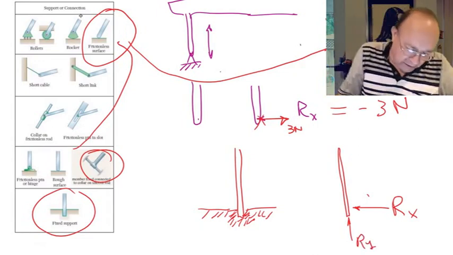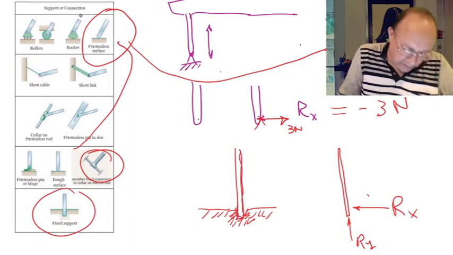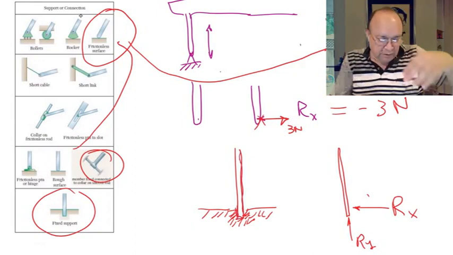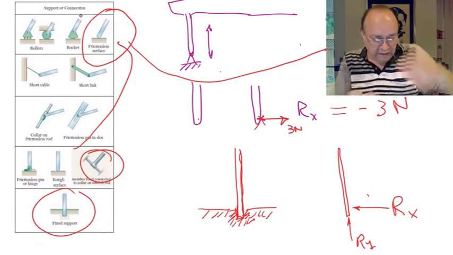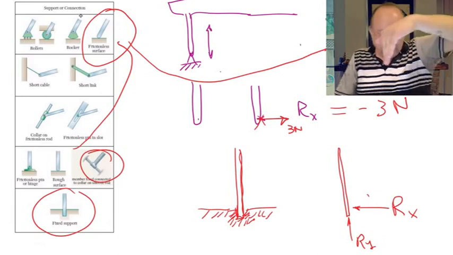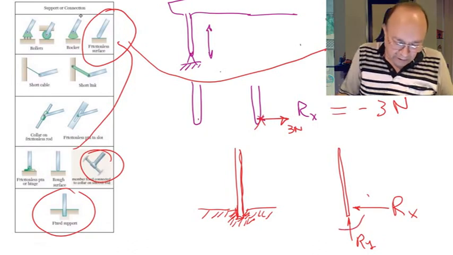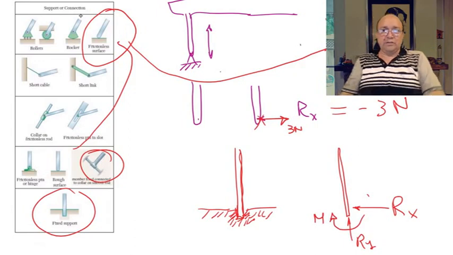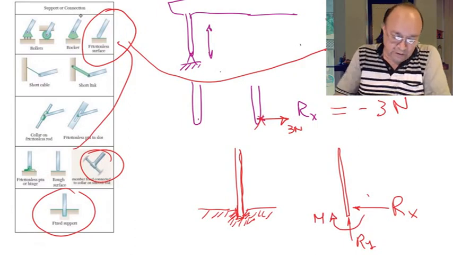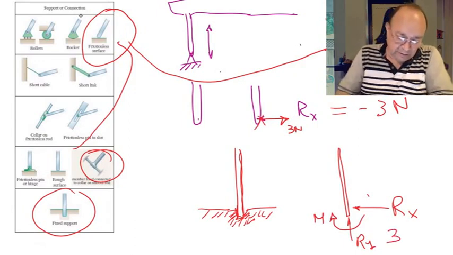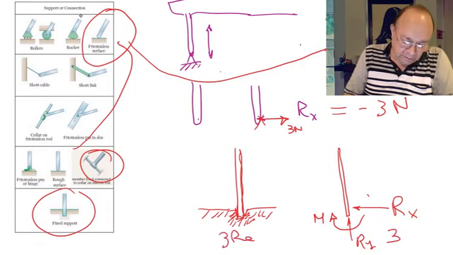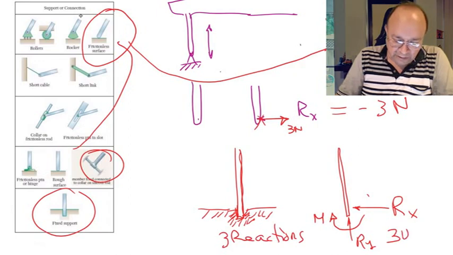And since you see that this leg is kind of stuck into the ground, the ground doesn't allow for rotation, so there will be a moment here that is also a reaction of that kind of support. So this support has three reactions, and those reactions are usually unknown.